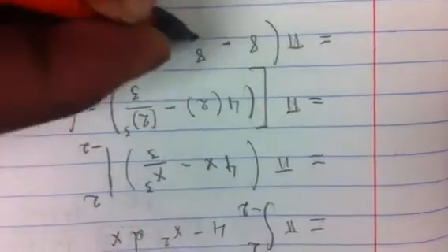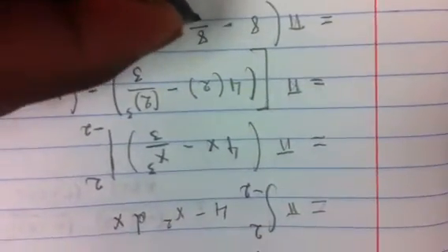Alright. So it's going to be equal to pi times 8 minus 8 over 3.